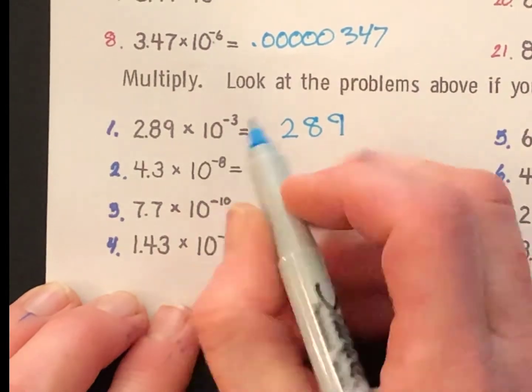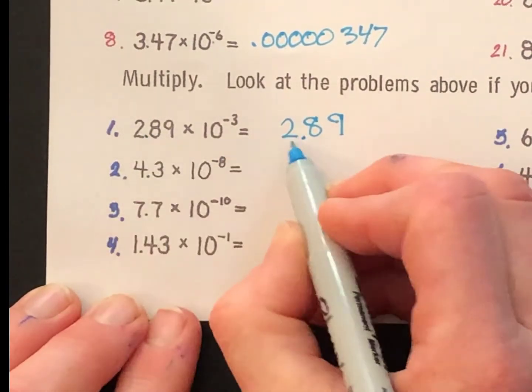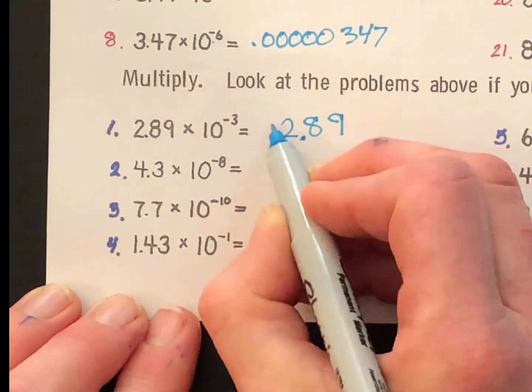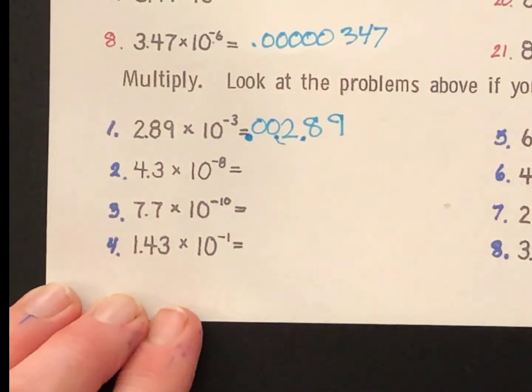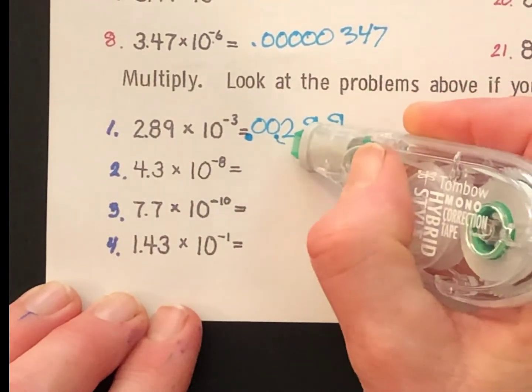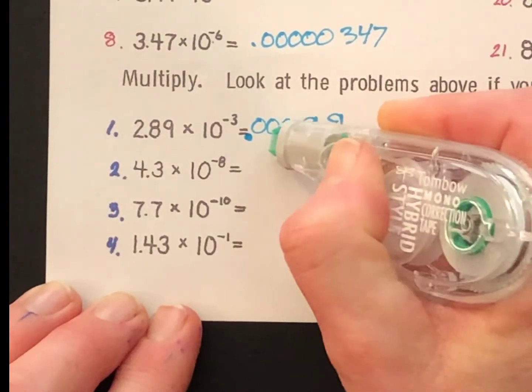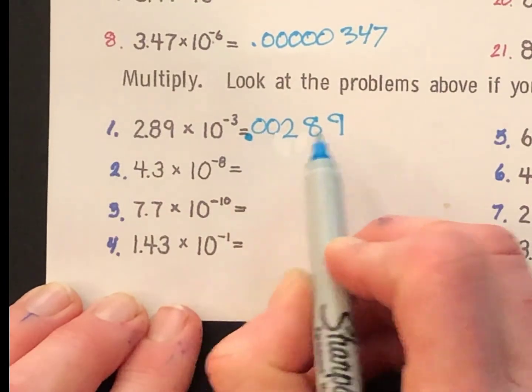I left space here because I'm moving it to the left. So it starts here. I go 1, 2, 3. There's my new decimal. So my answer is 0.00289.